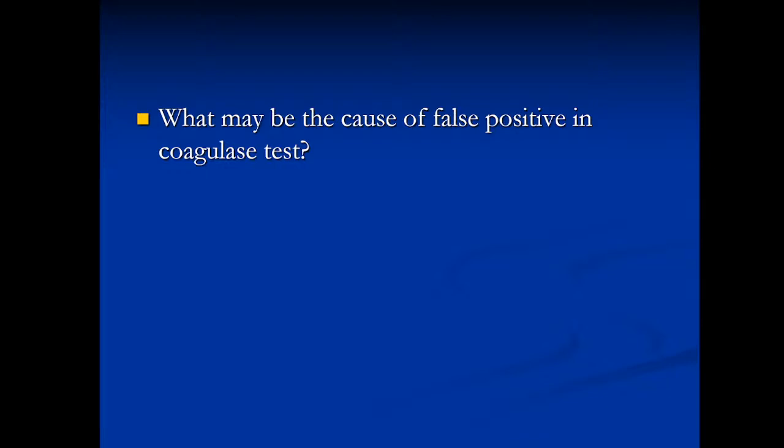And it will activate both intrinsic and extrinsic pathways. In some cases, this will result in a false positive result. So the cause of a false positive coagulase test is a citrate utilizing organism.